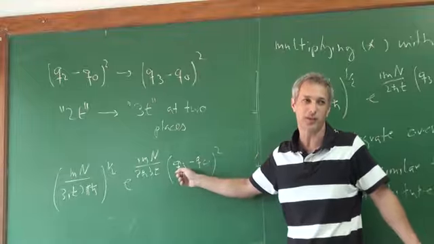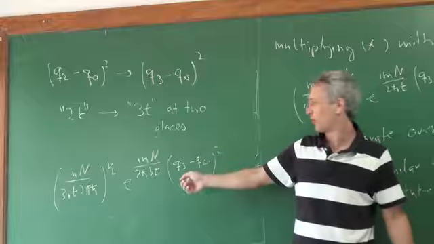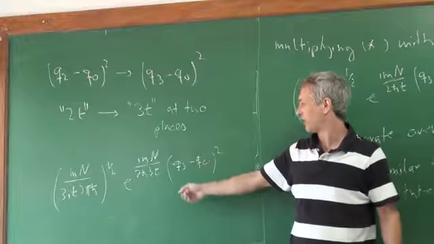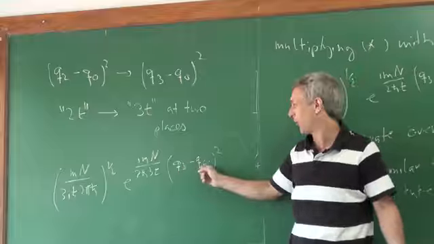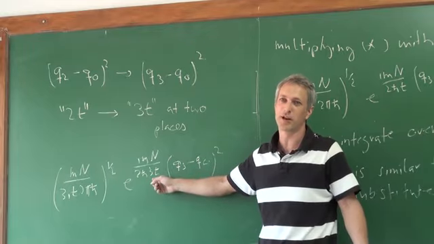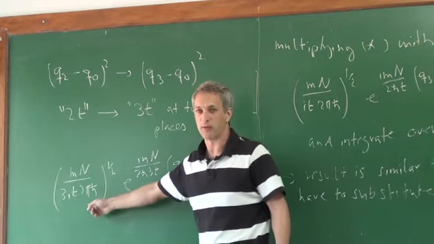So anyone has a guess what comes out if you do this? So if you integrate over Q3, well, you get Q4 minus Q0 squared. Well, you could imagine that this becomes a 4, and this also becomes a 4.